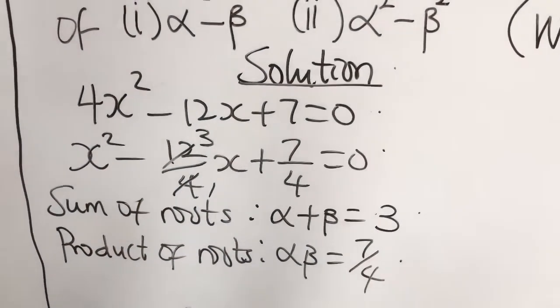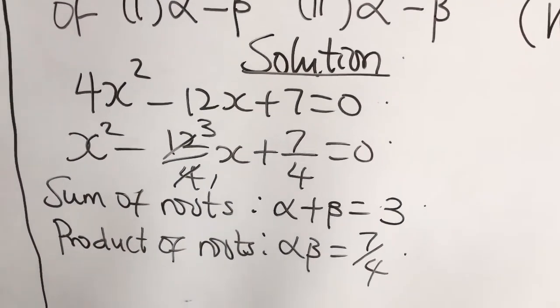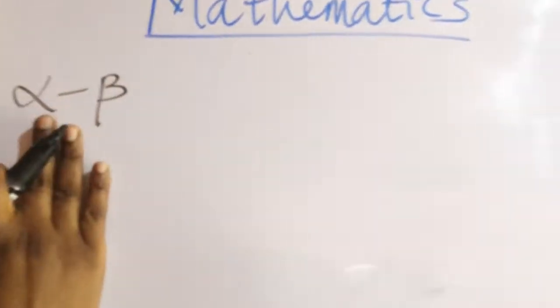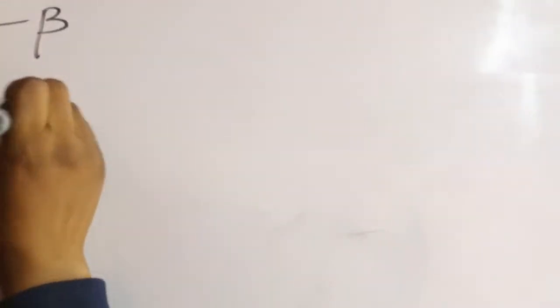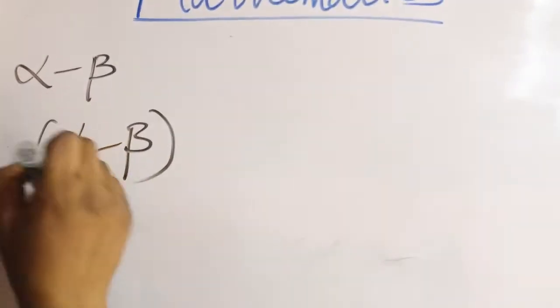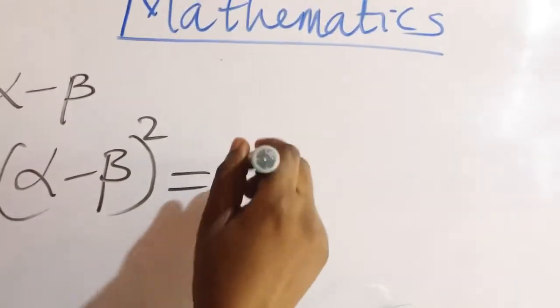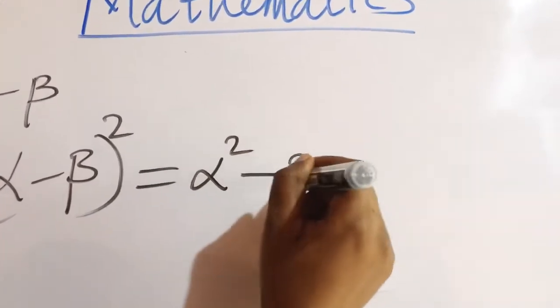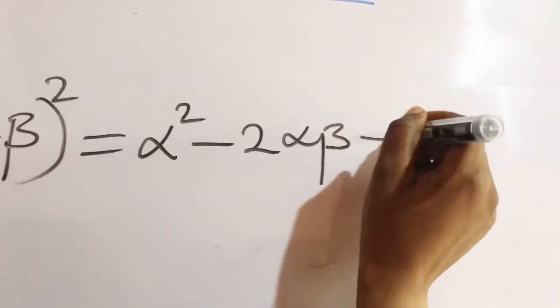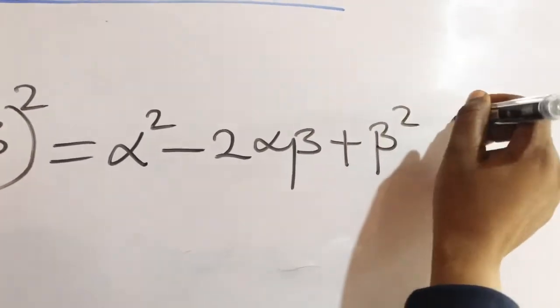Having known that, they ask us to find alpha minus beta. We can derive it from alpha minus beta squared. Expanding alpha minus beta squared gives alpha squared minus 2 alpha beta plus beta squared.